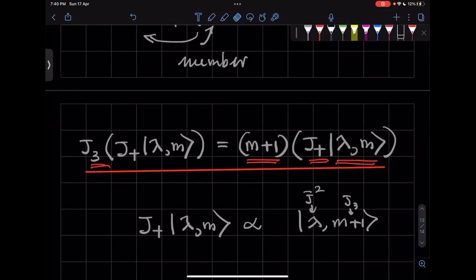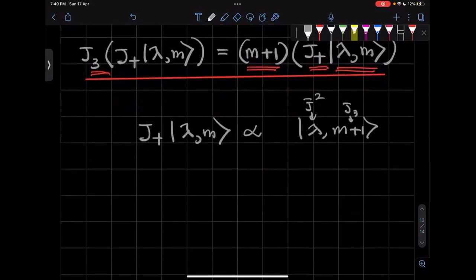We will actually need the constant of proportionality here. That's going to play a very important role, we shall see. So let's give it a name.